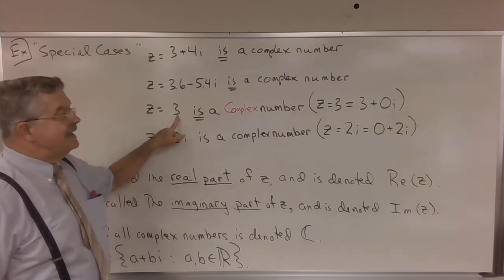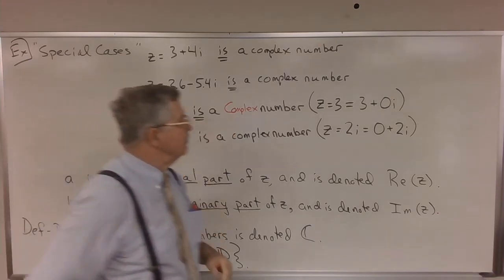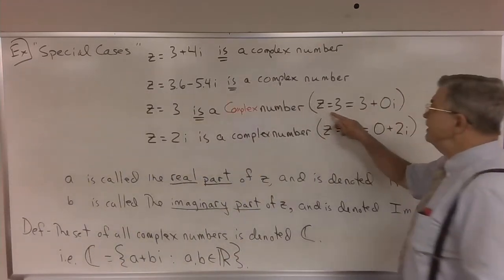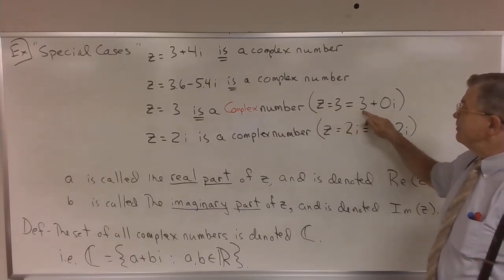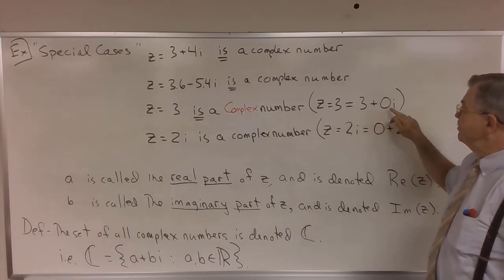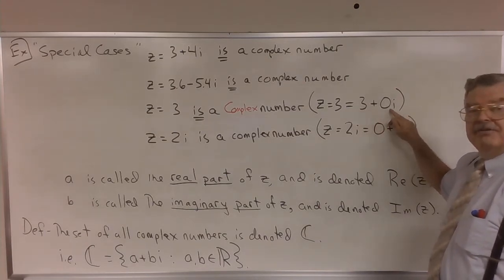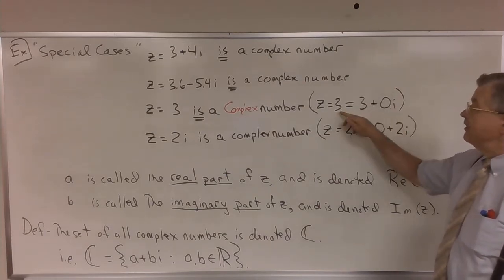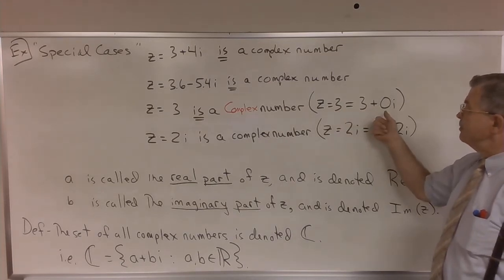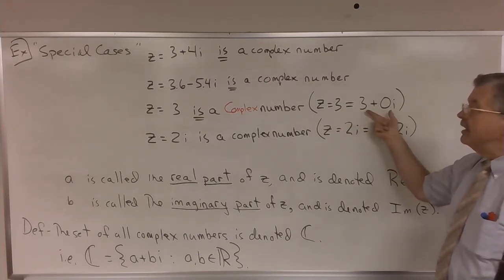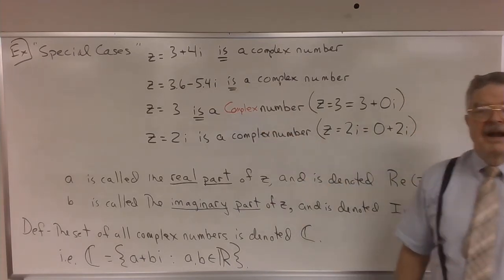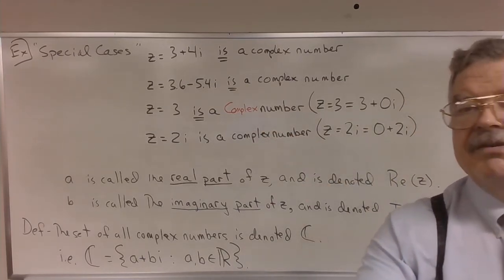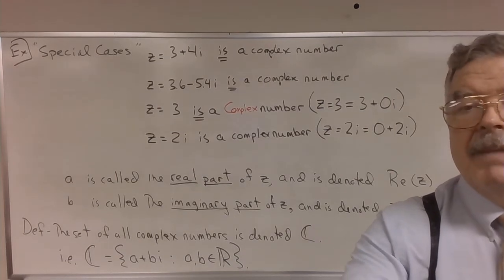Z equals 3 is a complex number because we can write Z equals 3 as the sum of the real number 3 plus the imaginary number 0 times i. 3 is the sum of a real number plus an imaginary number, so it is a complex number. And I'm going to break for a second, and I'll be right back.